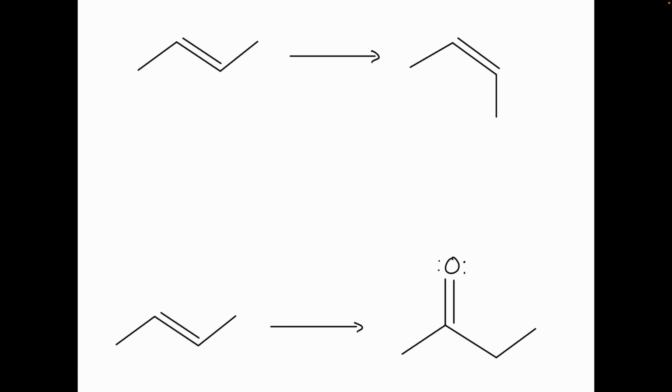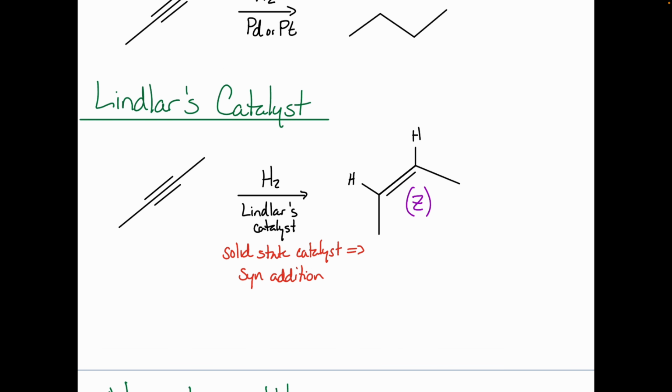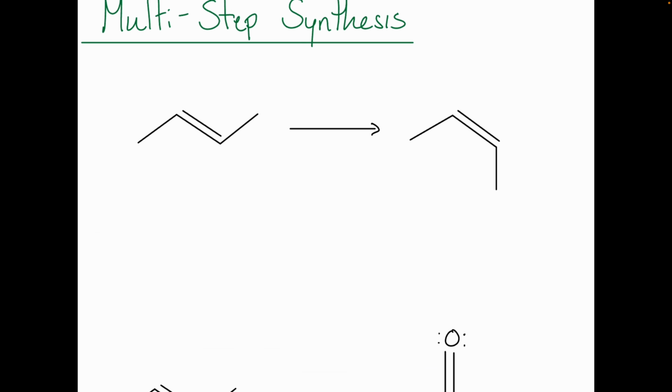So in our multi-step synthesis pathway, what are we going to do? We're going to first convert our alkene into an alkyne by using that halogenation reaction. I'm not going to worry about stereochemistry here because it's going to get ruined in that next step. So we can just ignore stereochemistry for this particular one. This gives me my dihalide.